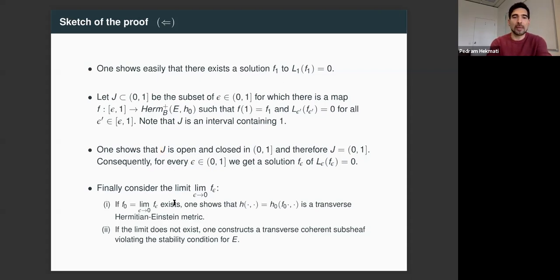And then the final idea here is to take the limit as epsilon tends to 0, and you show that if there exists a solution, then it has to be a transverse Hermitian-Einstein metric, and if the solution does not exist, then you can construct a transverse coherent subsheaf that violates the stability condition. So in broad strokes, that's the idea behind the proof.